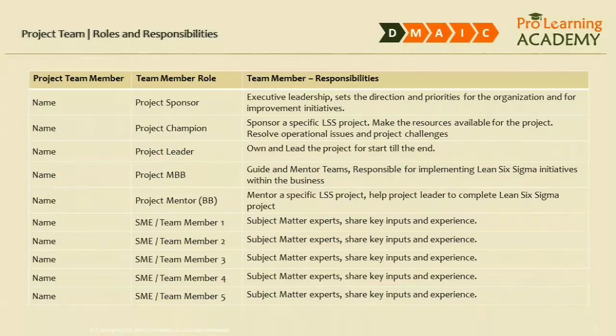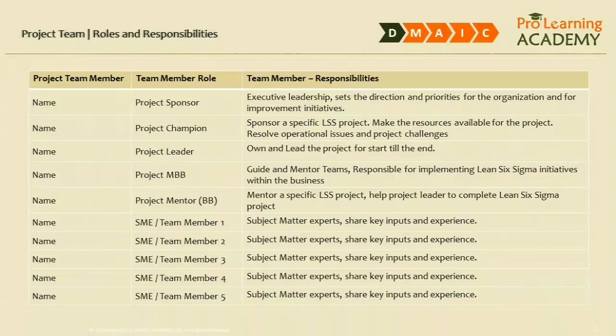He sets the direction and priorities for the organization and for the improvement initiatives. The project champion is a sponsor for specific project. The project champion will make the resources available for the project. The project champion will resolve operational issues, functional issues, and project challenges.